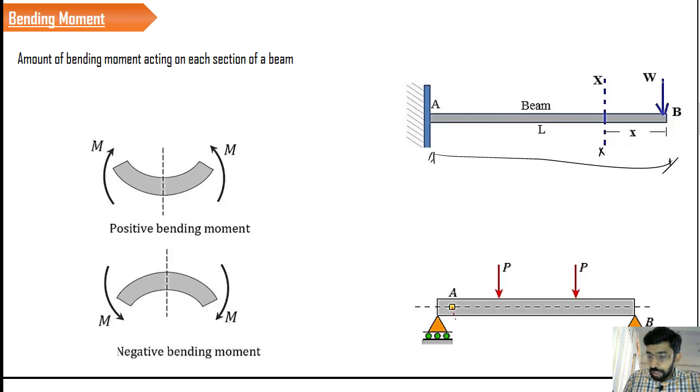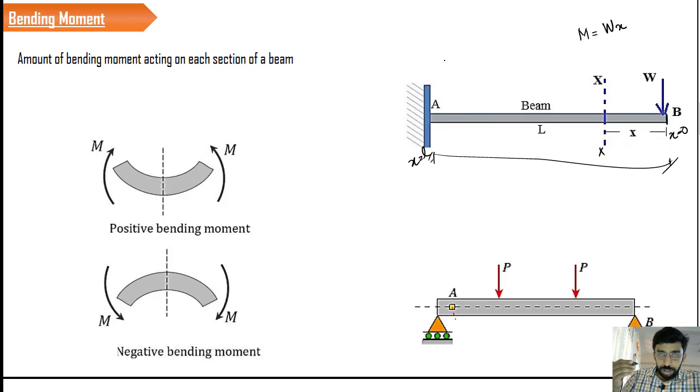As the length changes from X to L, the value of moment is going to be different, because the value of moment is nothing but W into X. So the value of moment at the location B is going to be 0. As the length increases from X equal to 0 to X equal to L, the moment is going to vary.